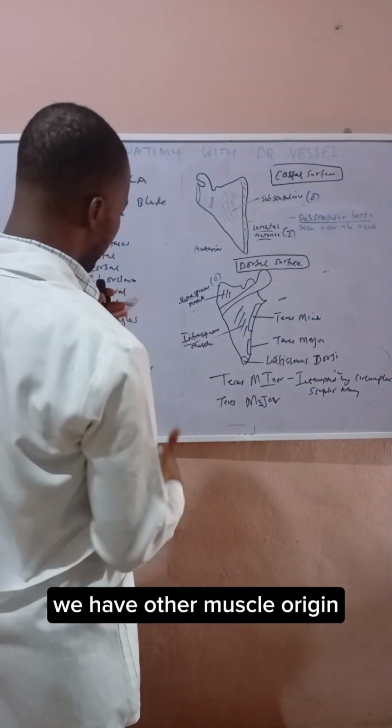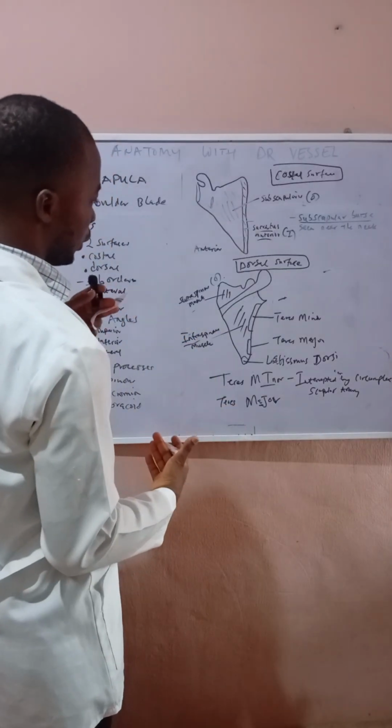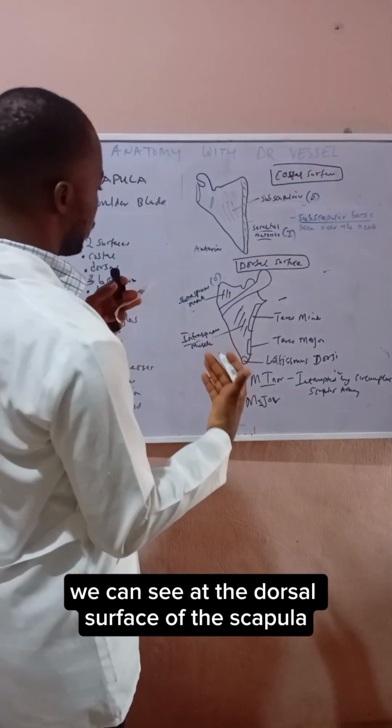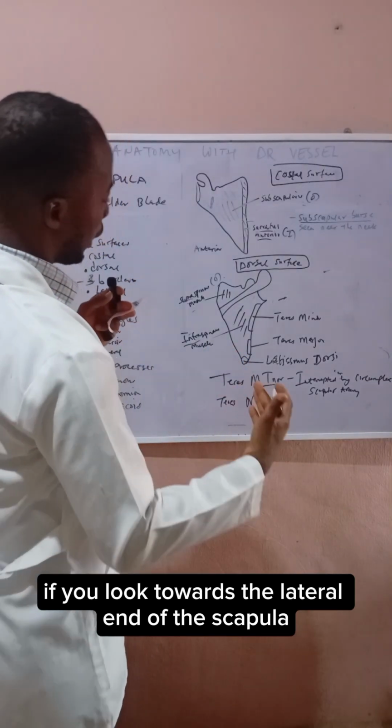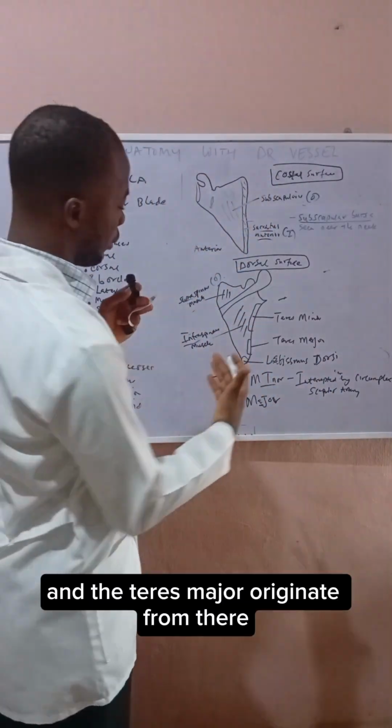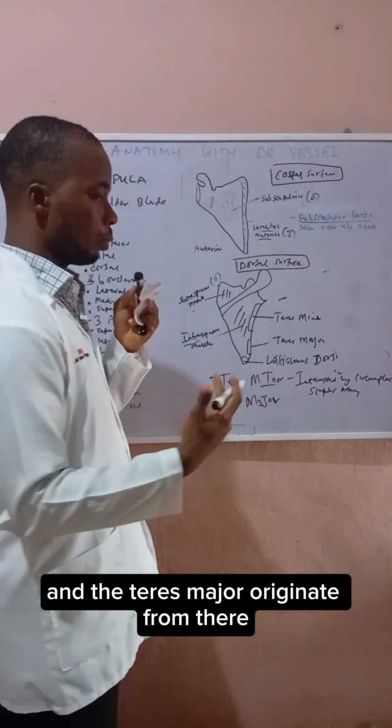We have other muscle origins we can see at the dorsal surface of the scapula. If you look towards the lateral end of the scapula, the teres minor and the teres major originate from there.